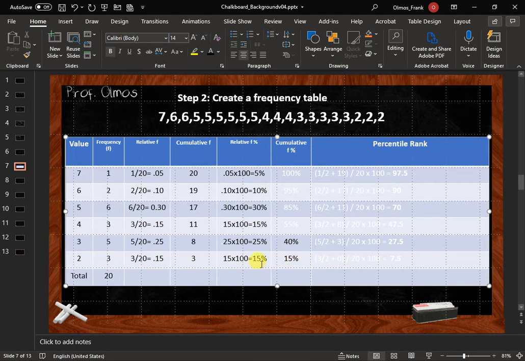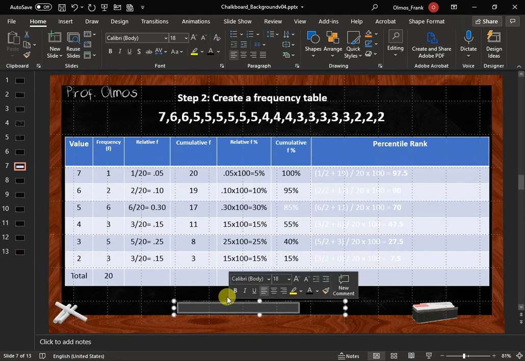So you started with 15% plus 25%, you get 40. 40 plus 15%, you get 55%. 85 plus 10%, you get 95, and 95 plus 5, you get 100. Okay, now it's time to get the percentile rank.